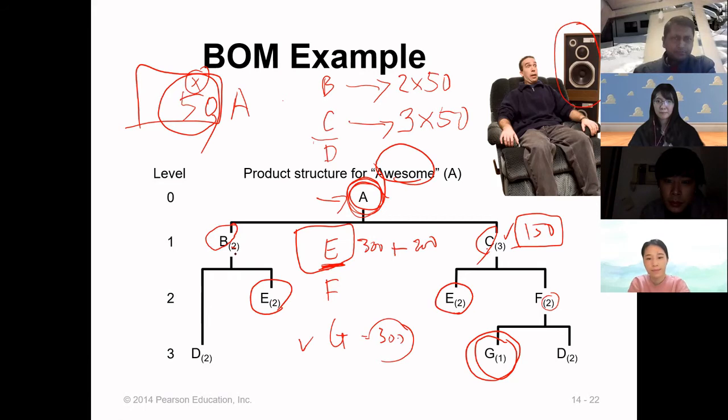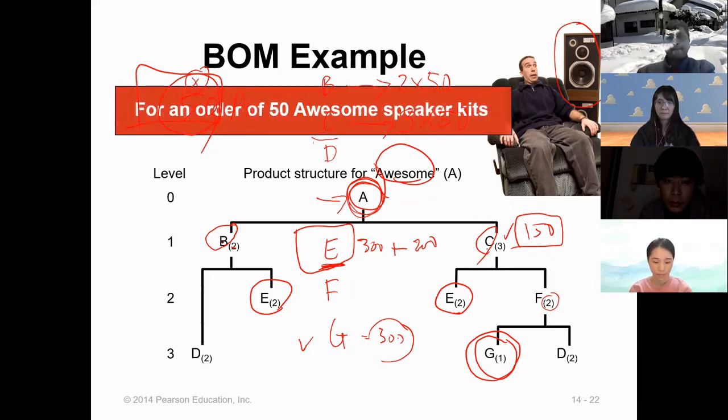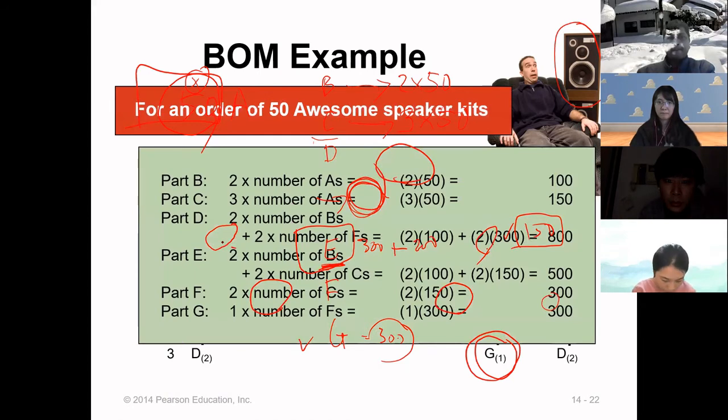Because 2 times 2 times 50. Oh, it's 500. Both sides we need E. Exactly, because this is a product structure. So E is a material that is required for B as well as for C. So be careful, because there are common parts. We call it common parts. So for 50 orders, you're right.